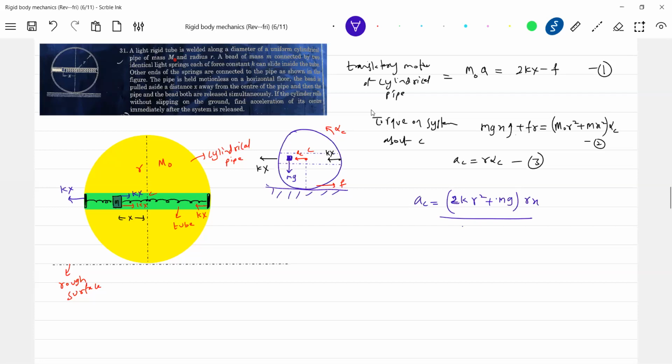It will be 2KR, R square plus M. So in the numerator, it should be 2KR, sir.